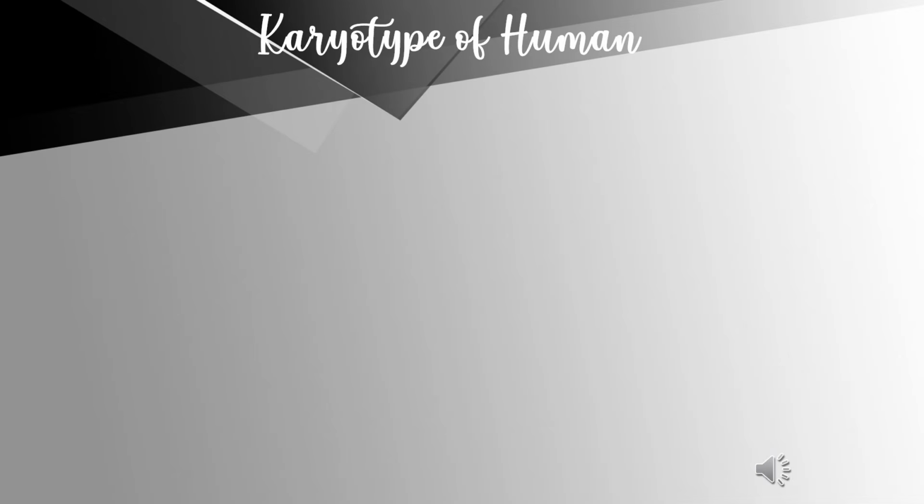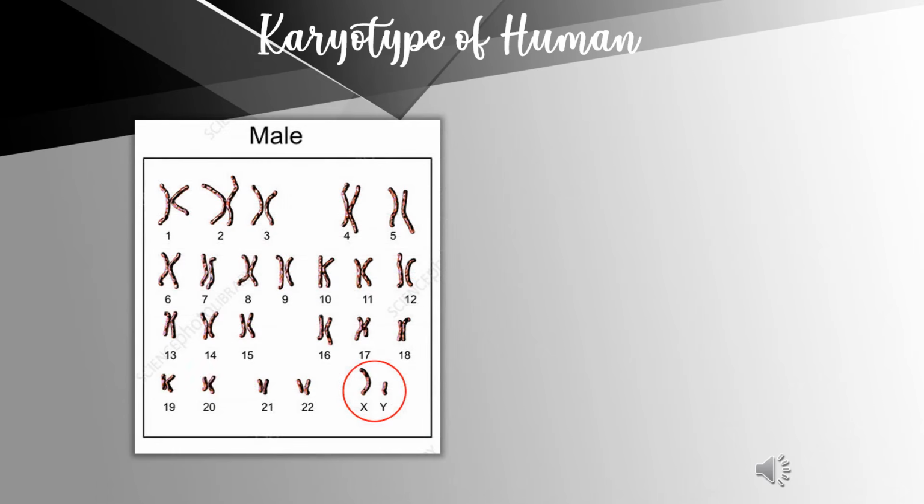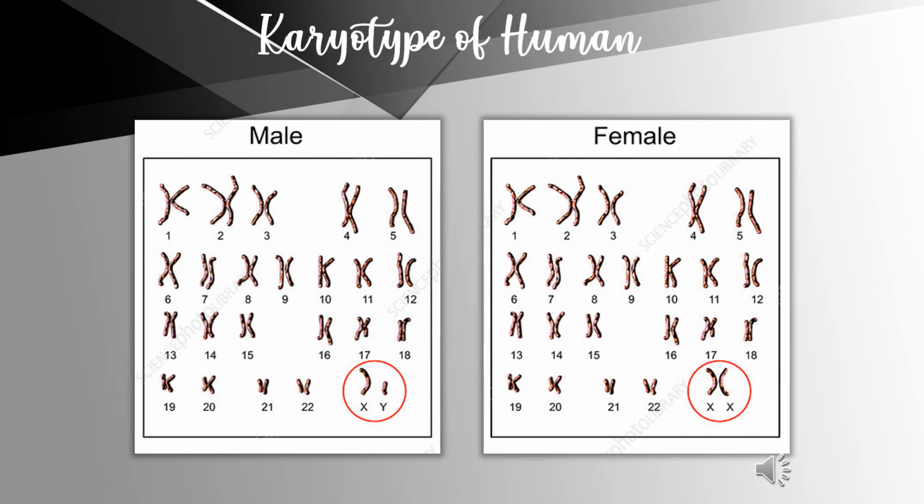Let's have the karyotype of human. We have here the normal karyotype of male as well as the female's karyotype. Always remember that humans have 23 pairs of chromosomes for a total of 46 chromosomes. We have 22 pairs of autosomes.